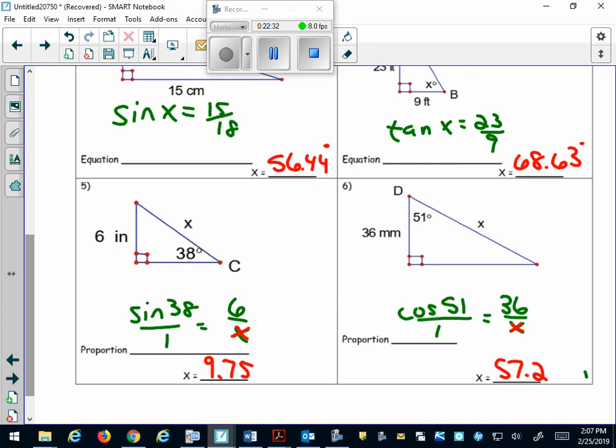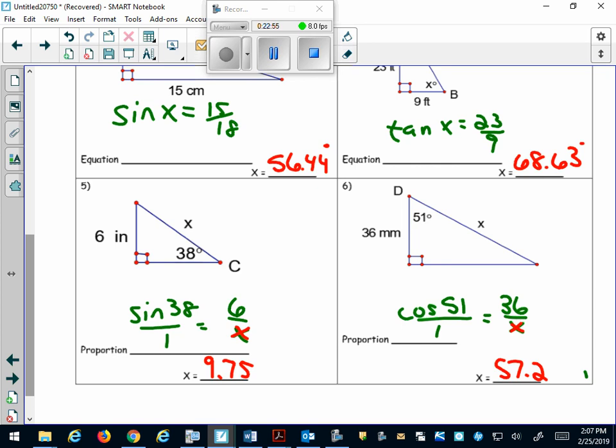I have a question for you. This is a thinking question. Can the cosine of an angle ever be greater than 1 whole? Why or why not?